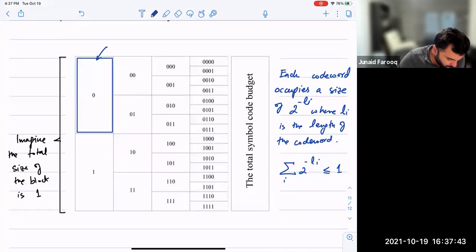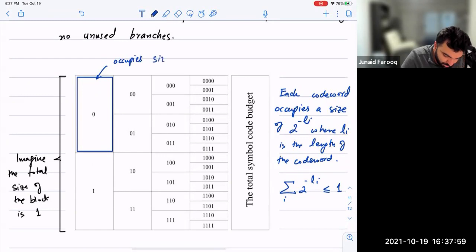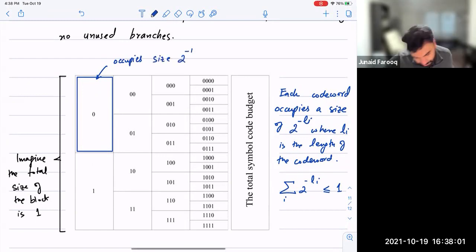The Kraft inequality says the size you occupy is 2 to the power minus Li. So if you pick 0 as a code word, it occupies size 2 to the power minus 1, because it's length 1.